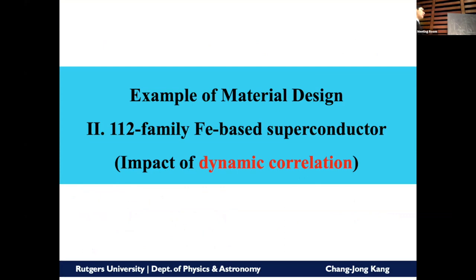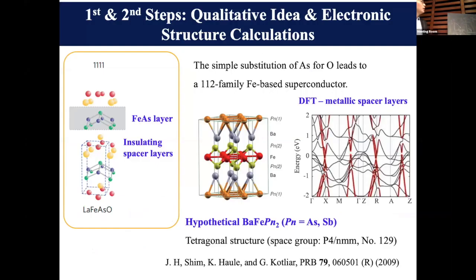Okay, the second example is the 1-1-2 family iron-based superconductor. Unlike the first example, I emphasize the impact of dynamic correlation. The 1-1-2 family iron-based superconductor was first predicted theoretically in 2009.